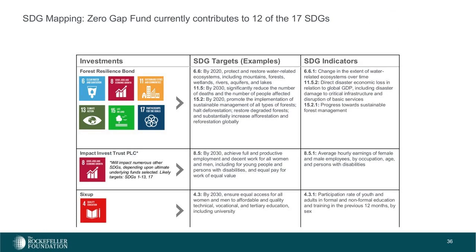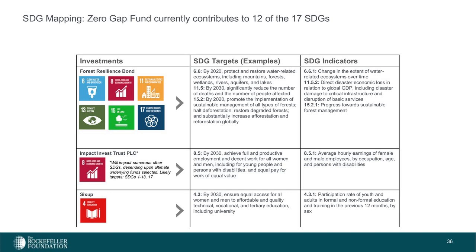And so just picking up on that last point, as Veronica mentioned, as a foundation, it's a priority for us to be able to track and roll up our portfolio from a deal indicator level up to the SDGs. And so this just gives you a sense of how we're doing that across at least those initial 5 investments that we've included in this presentation, and where we see those investments tying up to those SDGs.